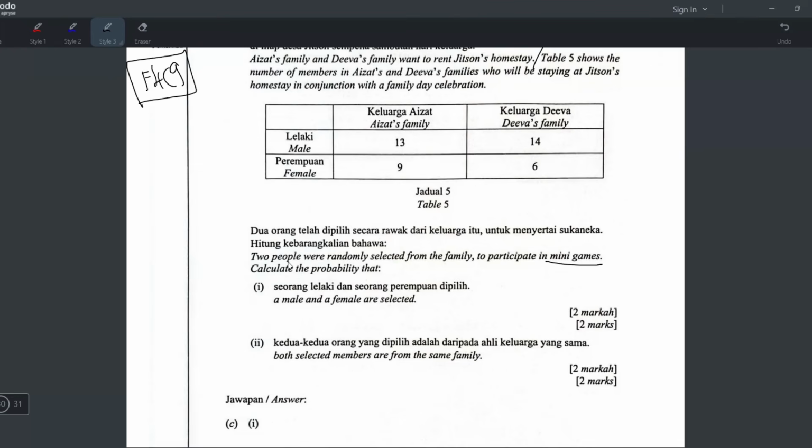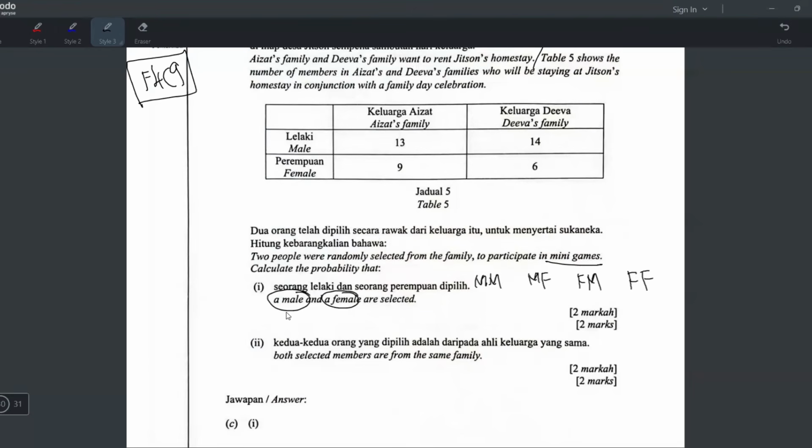So 2 people selected for the mini game, and you want to find the probability for 1 male and 1 female. Then think about what's the other possibility. Besides 1 male, 1 female, what's the other possibility? You might get male, male, right? And you might also get male, female, male followed by female, or it could be female, male, or it could be female, female, right? So these are all the possibilities. Now, you check what the question wants.